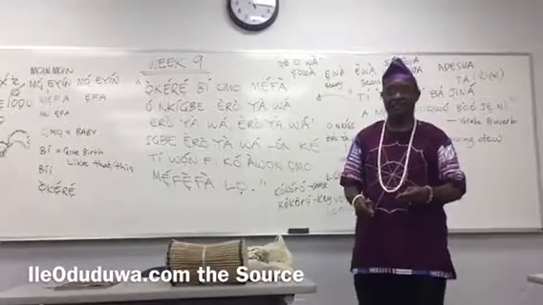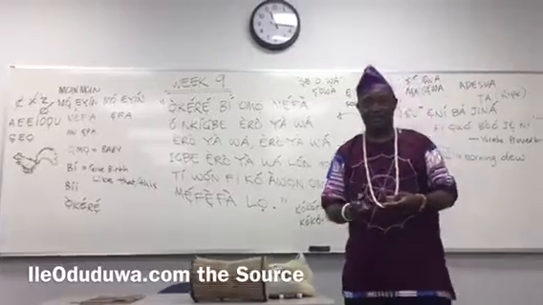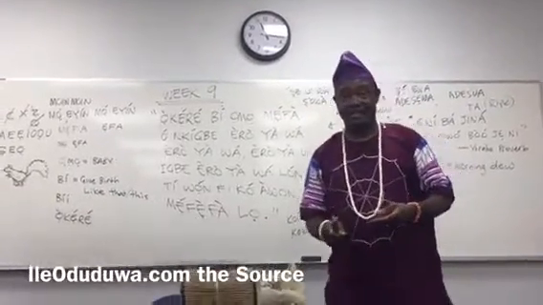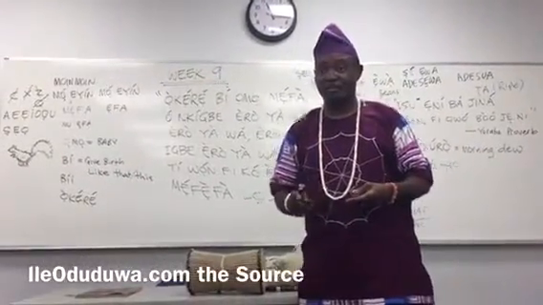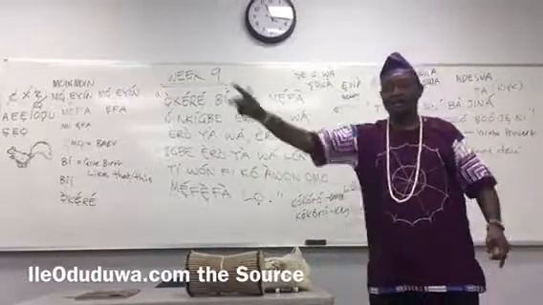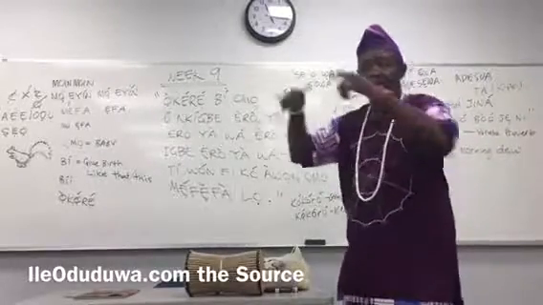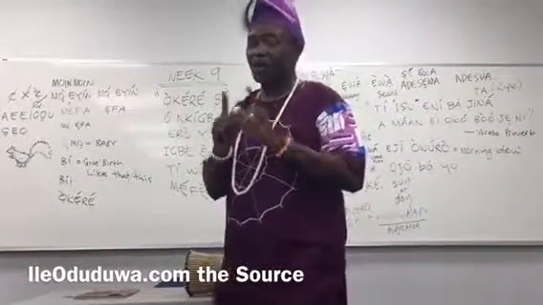Ìdágìrì is a metaphor and also an animal. The cheetah is the idagiri. When the cheetah is hunting, it just starts running and the animals go wild. They just go all over the place and the cheetah runs after them. But the cheetah is not powerful enough.